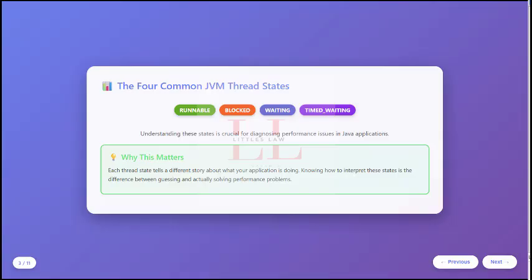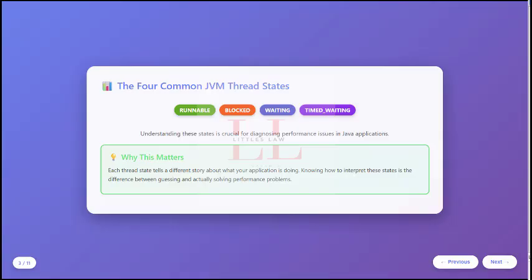You need to understand the difference between what is normal and what is a performance problem. For example, having threads in a waiting state is not necessarily bad. It could be just idle worker threads waiting for some tasks. But having 80% out of 100 of your threads in a blocked state, what does that mean?